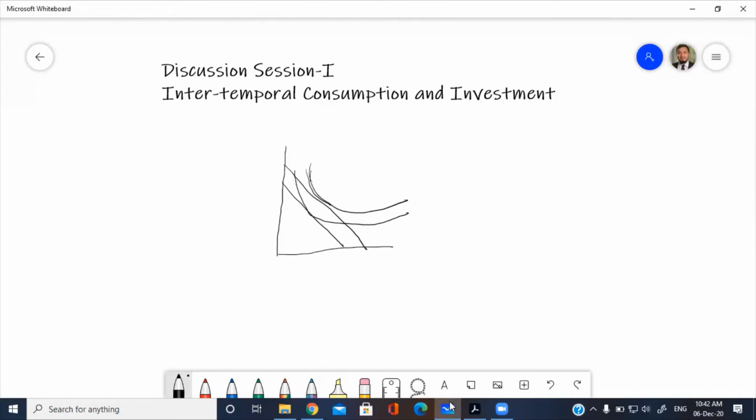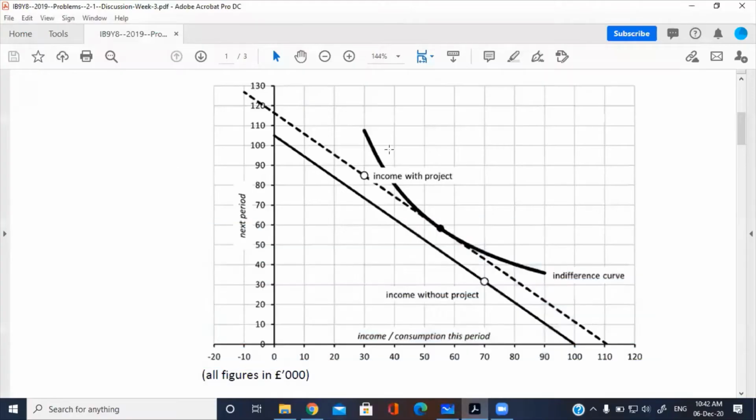Can we draw the indifference curve in this way, or should it be different? If we have the indifference curve with the project on this line, we just want to know what the indifference curve would be without the project.